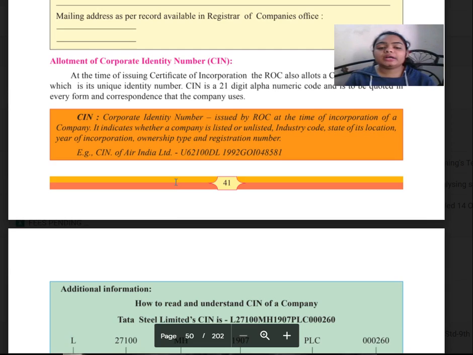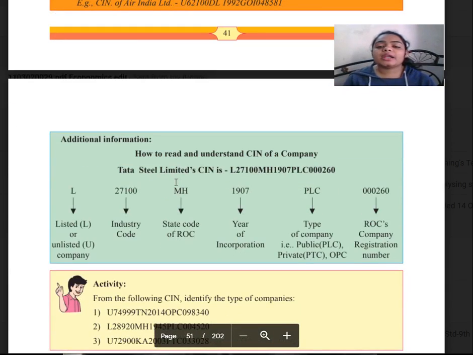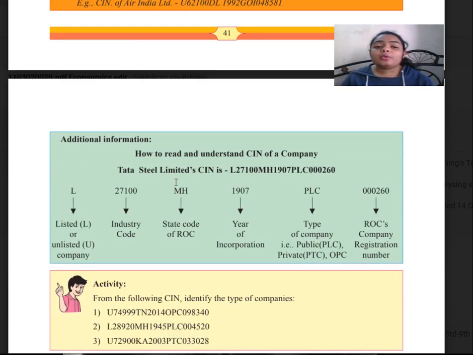Then after this we have additional information. So how is the Corporate Identity Number given? The company given as an example is Tata Steel Limited. CIN is L27100MH1907PLC000260. So L indicates a listed or unlisted company.